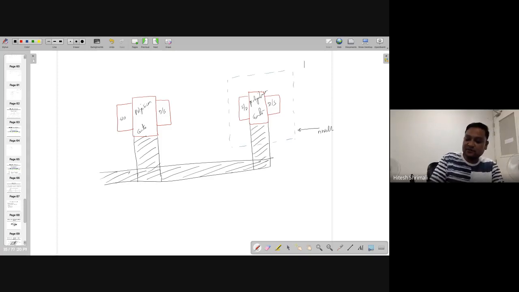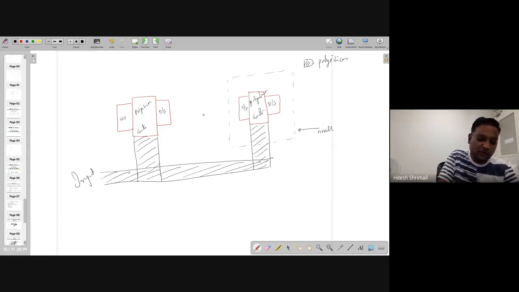By that, this black color is polysilicon. This will be my input. As you know, drain and source we can tie together, and this is at metal 1 generally. These are the interchangeable thing. I can call both of them as drain, and I can short them together with the metal 1 and call this one as output.